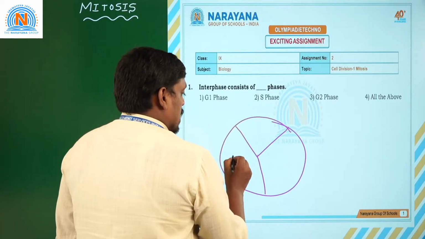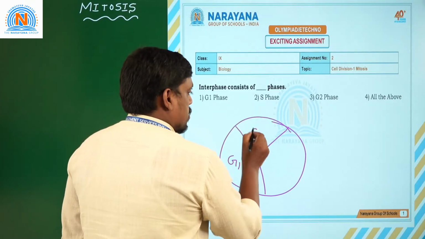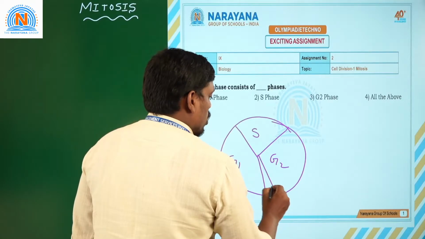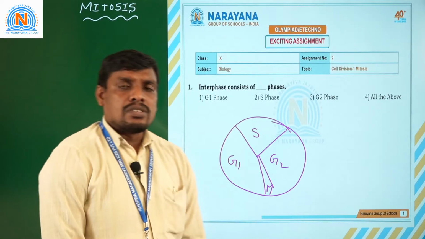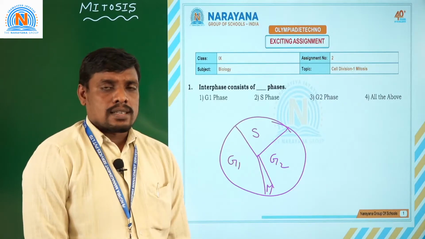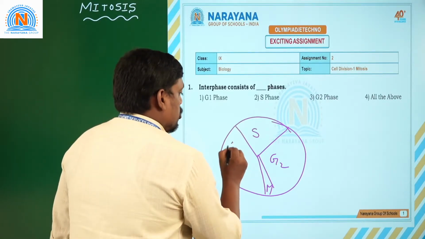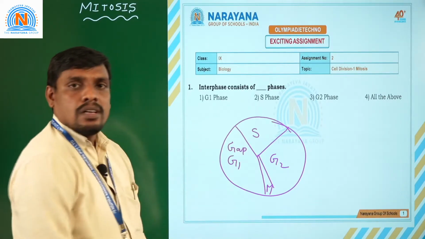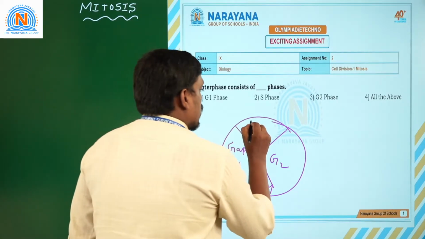It starts with the G1 phase, S phase and G2 phase. As you know, one more is there, that is the M phase. About the M phase we are going to discuss in the coming classes. What do you mean by G1 phase? G means gap 1 phase. What do you mean by S phase?